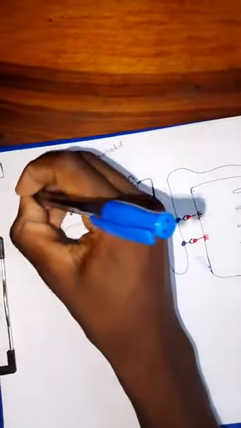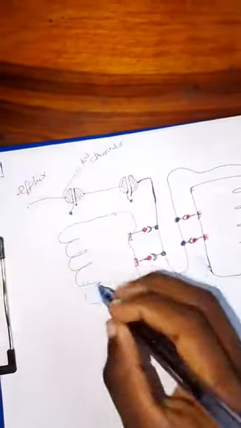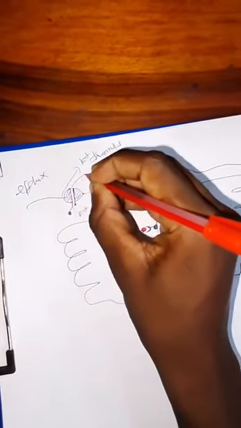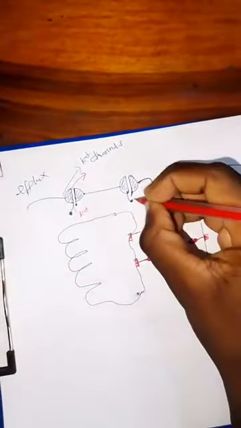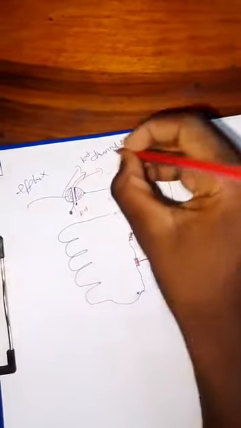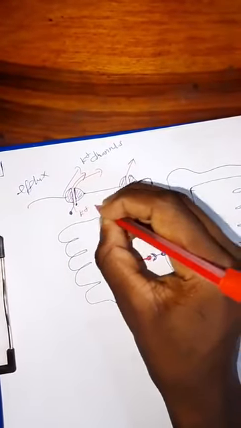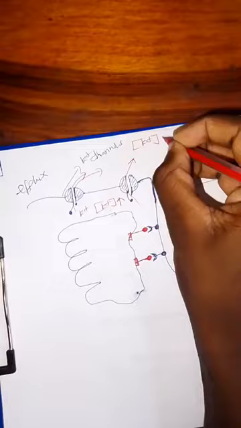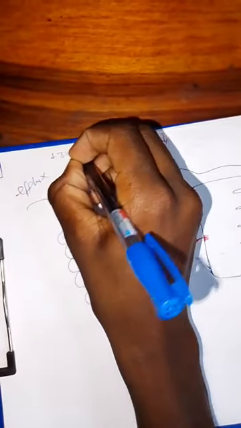Potassium will be leaving the cell, since the concentration of potassium inside is greater than outside. This is the concept I was saying, and this is happening at positive 30 millivolts.